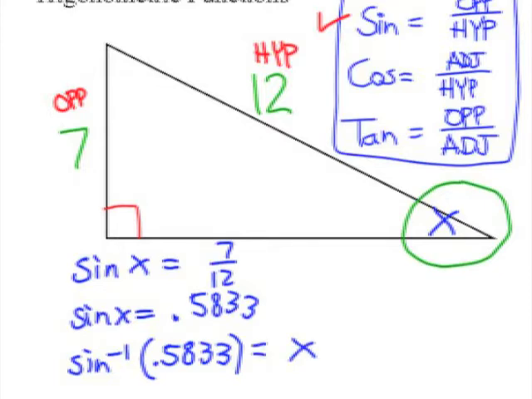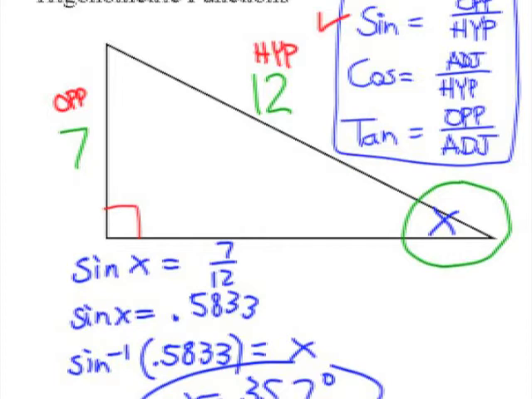So when I input that number in my calculator, 0.5833, now I need to find the inverse sine button, and it goes in reverse and tells me that my missing angle must be 35.7 degrees. So I would have to have a 35.7 degree angle on that triangle to force a leg of 7 and a hypotenuse of 12. That's the only way to get all the measurements worked out.